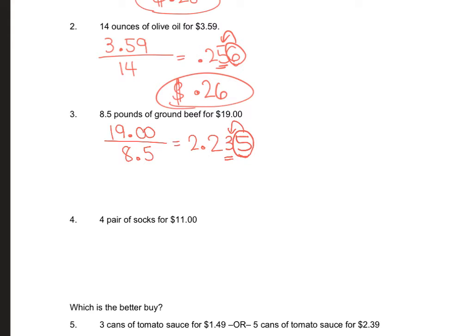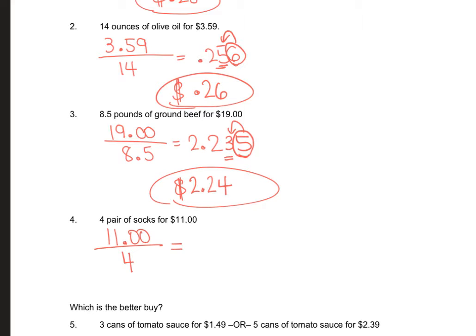So $2.24, that is not expensive at all. All right, probably not realistic. All right, for $11, we can get 4 pairs of socks.